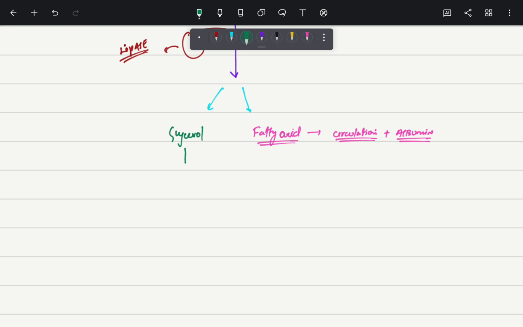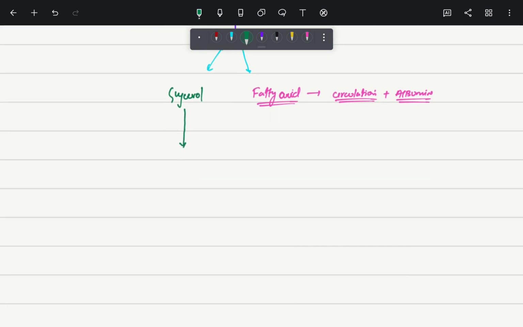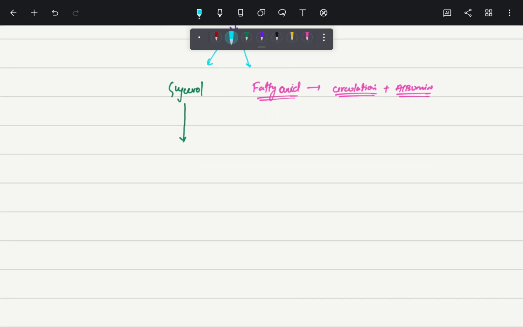Now this glycerol will get converted into glycerol 3-phosphate. Okay, now what is the enzyme responsible here? The enzyme responsible here is a kinase.